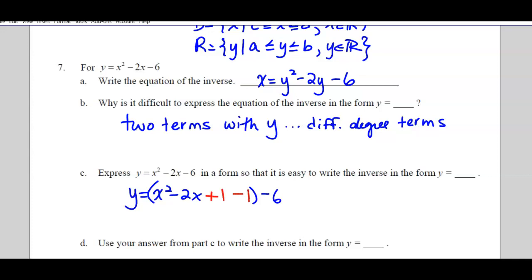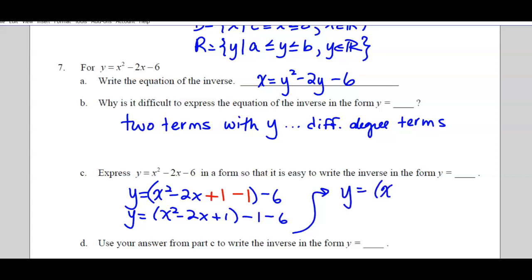I add and subtract 1 within the brackets. This is how I do it. Then I take the minus term out, compensating for any coefficient. There isn't one, so that's minus 1. And then I factor and collect like terms. So that's going to be x minus 1 squared minus 7.